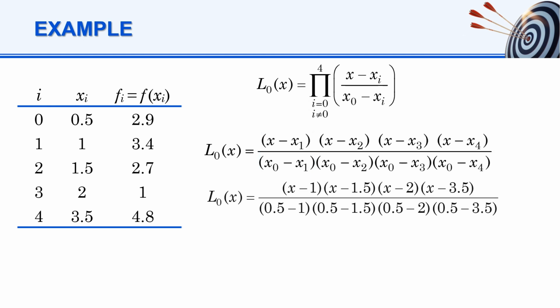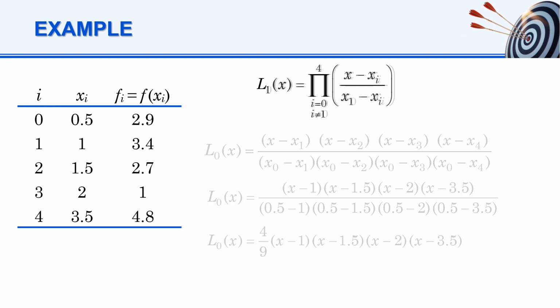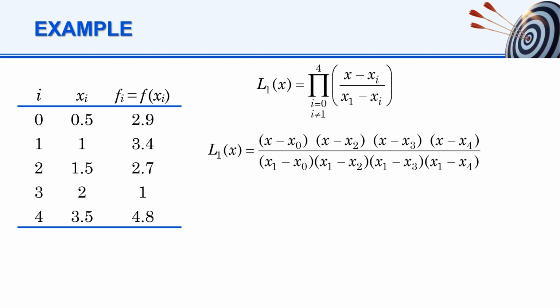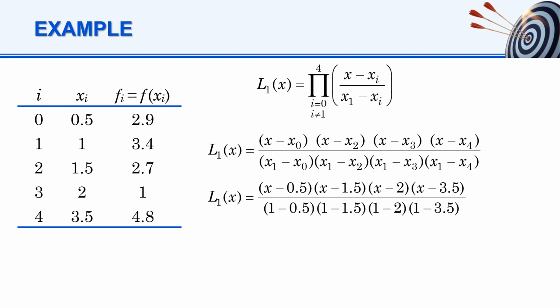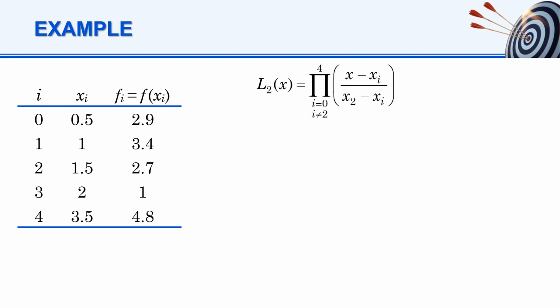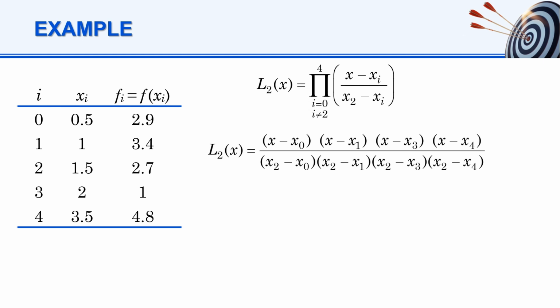Substituting numerical values, we find L_0(x) as follows. When constructing L_1(x), we will skip (x minus x_1) over (x_1 minus x_1). Substituting numerical values, we find L_1(x) as follows. When constructing L_2(x), we will skip (x minus x_2) over (x_2 minus x_2).